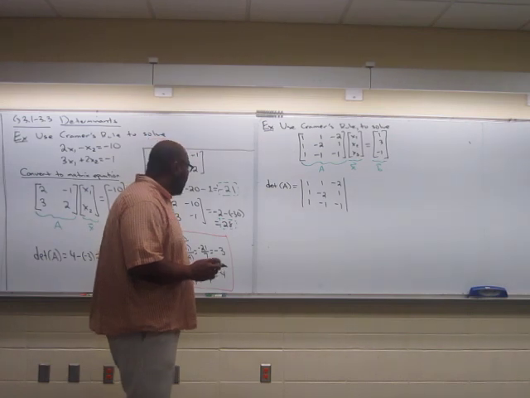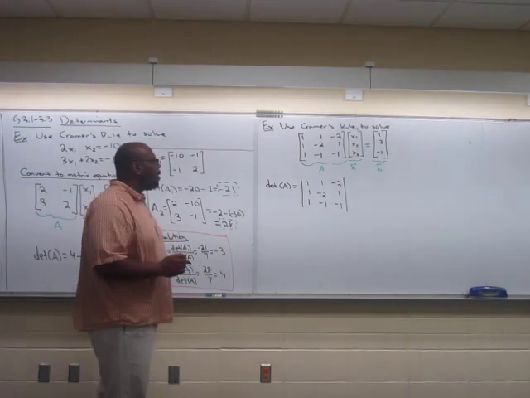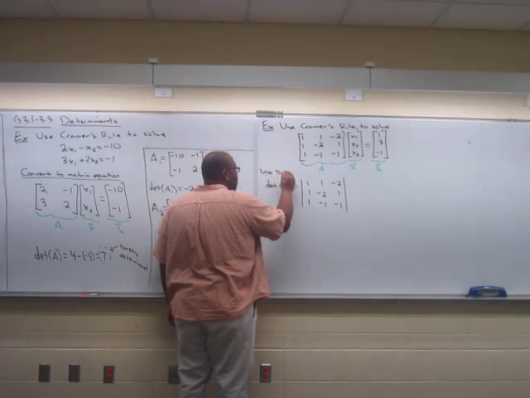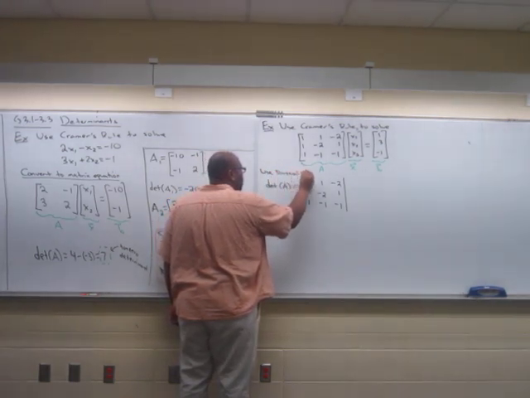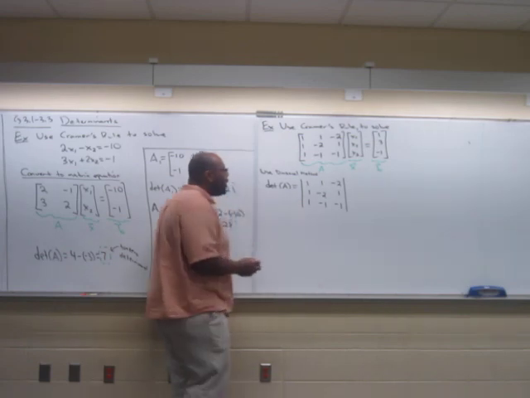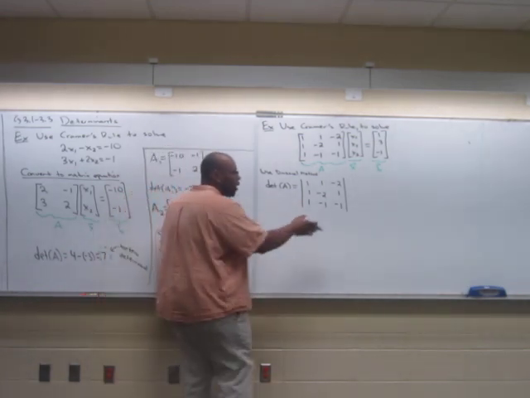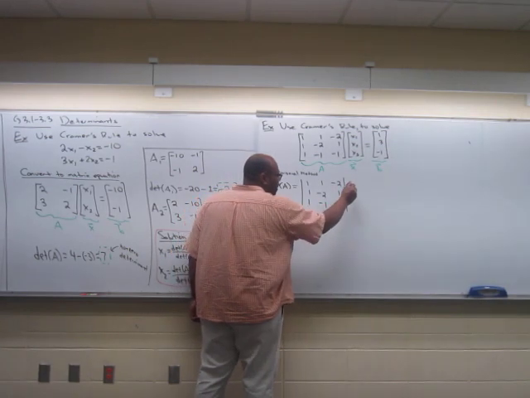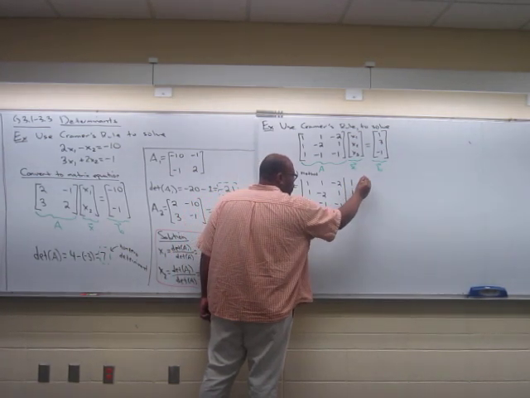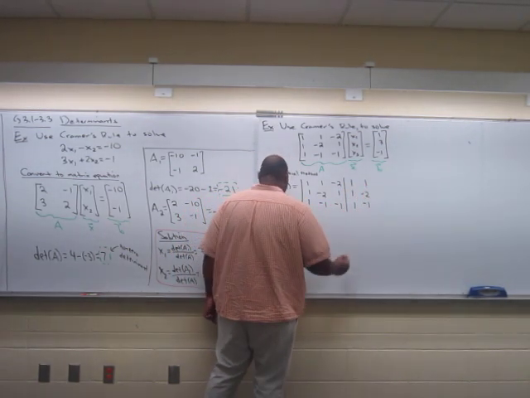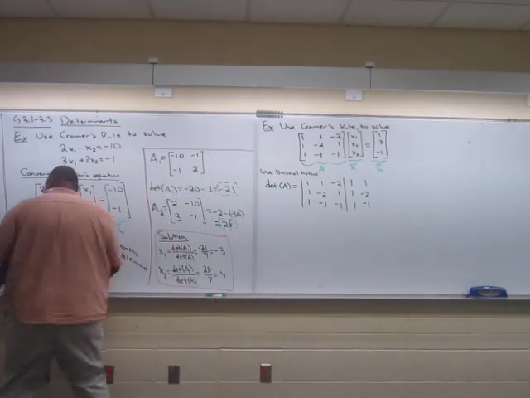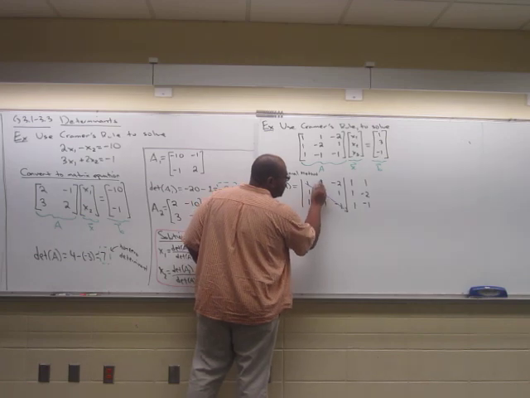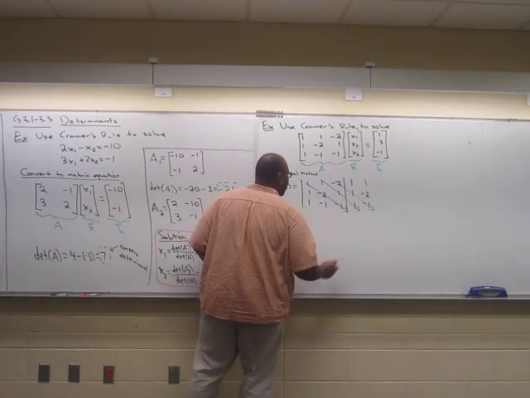Now for the diagonal method, I need to create 2 more columns and stick them right next to the matrix, which are repeats of the first 2 columns. So I have 1, 1, 1, 1, -2, -1. And I'm going to create some diagonals, starting at the main diagonal: 1, 2, 3.